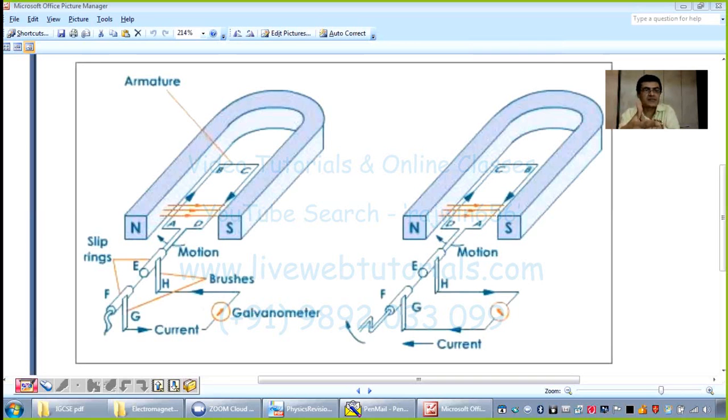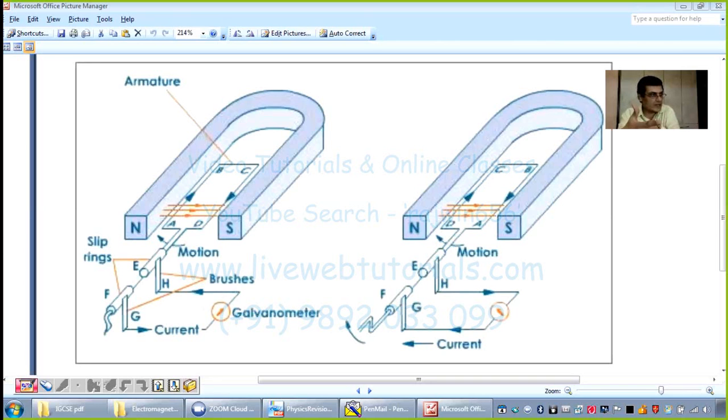This is the direction in which the motion of the conductor is going to take place. Mother is this finger, your first finger, that is the direction of magnetic field. My middle finger, or third finger, is going to indicate C, that is current. This is the direction of the produced induced current. So father, mother, child. Father is force. This is the direction in which the coil is moving.